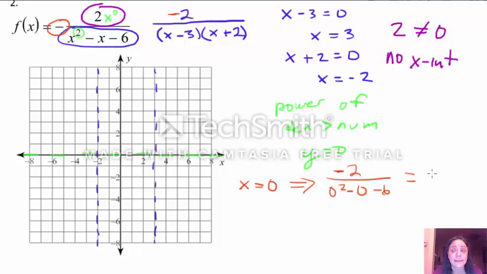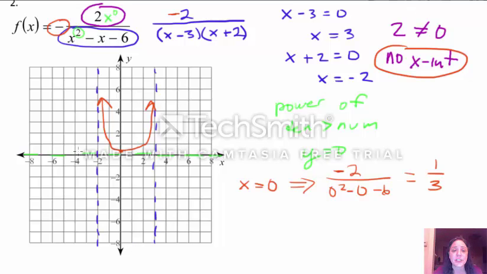Negative divided by negative is positive, so I have 1/3, and that's going to be right around here. We know that we have no x-intercepts and that we are going to approach these vertical asymptotes infinitely, so I can safely sketch my curve up here.